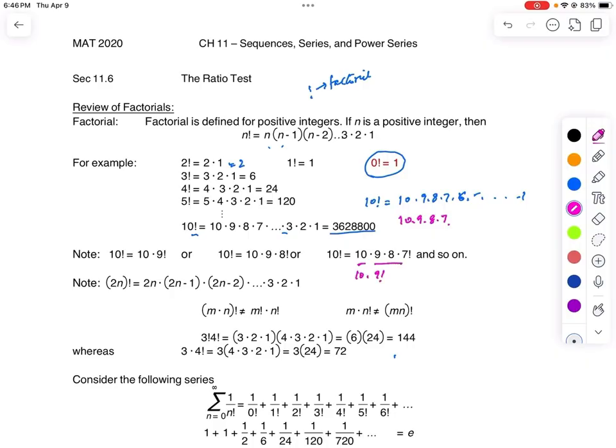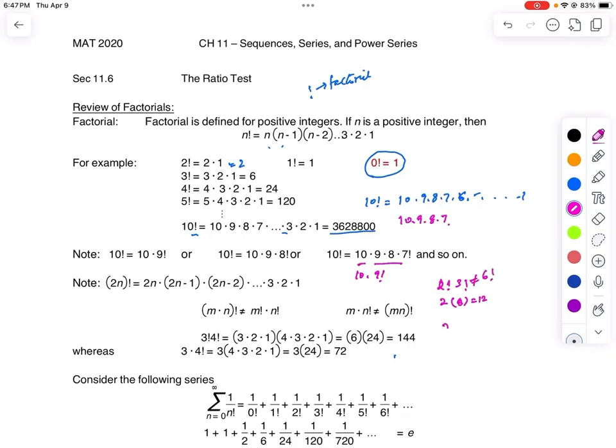Now note here, when things are written like this, 2 factorial and then 3 factorial, it means 2 factorial is 2, 3 factorial is 6, so 2 into 6 is 12. It is not 6 factorial, okay?